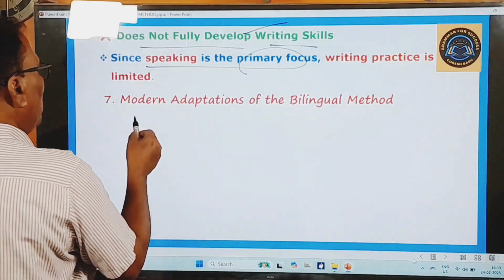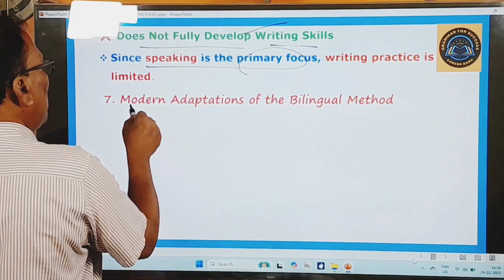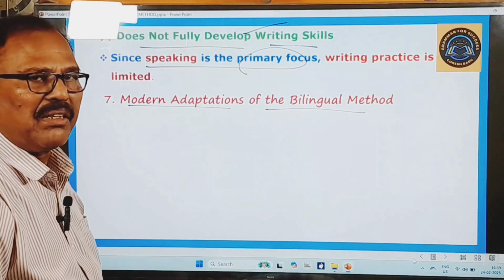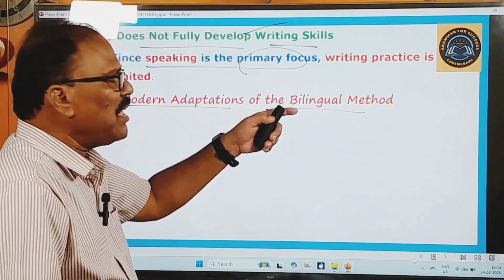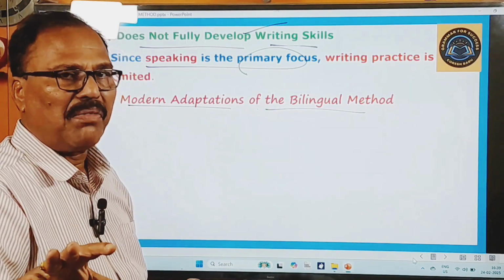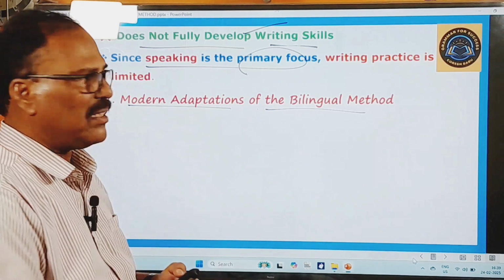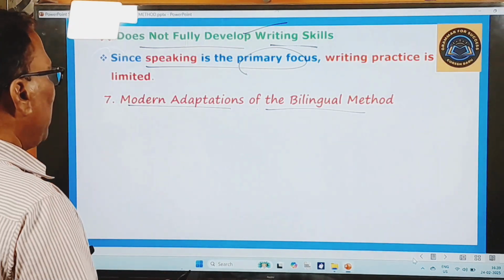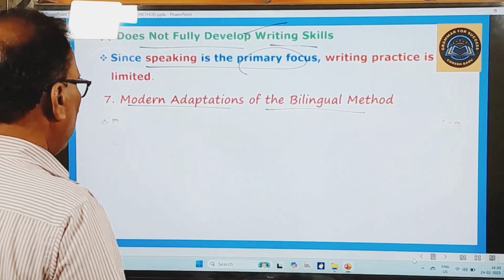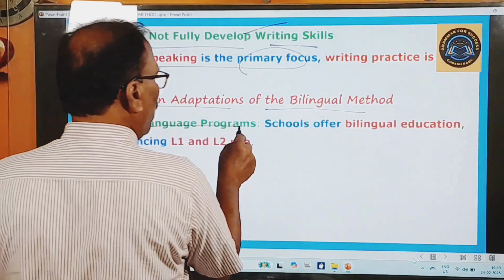Now you move on to the next important aspect, that is modern adaptations of the bilingual method. Yes, the features of this bilingual method are adopted even by other methods for their existence. So what are the methods that have adopted some of the features of the bilingual method? Here, dual language programs.